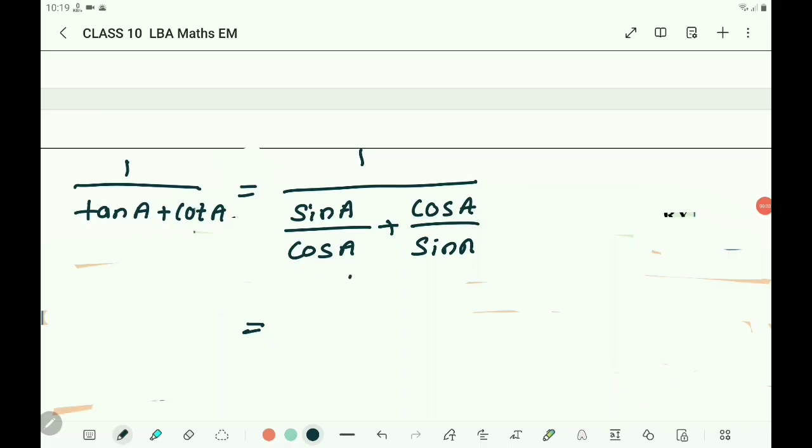That equals 1 by, here you take the LCM.